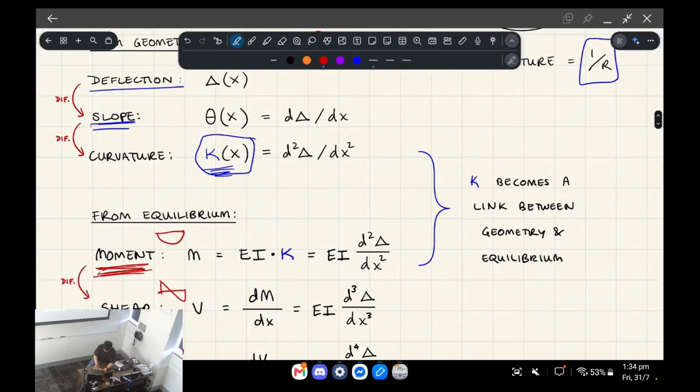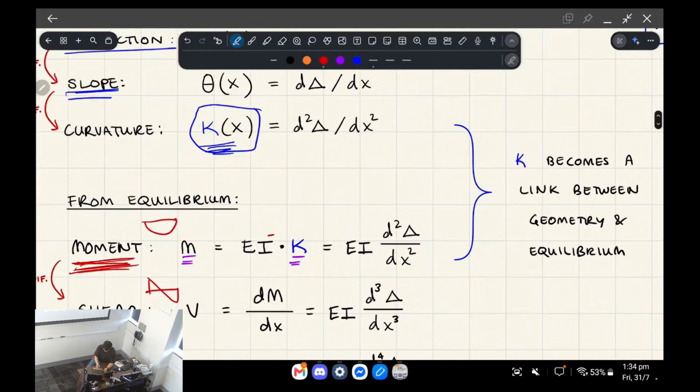And the other thing is that moment and curvature are related to each other through your flexural stiffness. Flexural stiffness has two components. It has the elastic modulus, which is a material measure of stiffness in the elastic region.